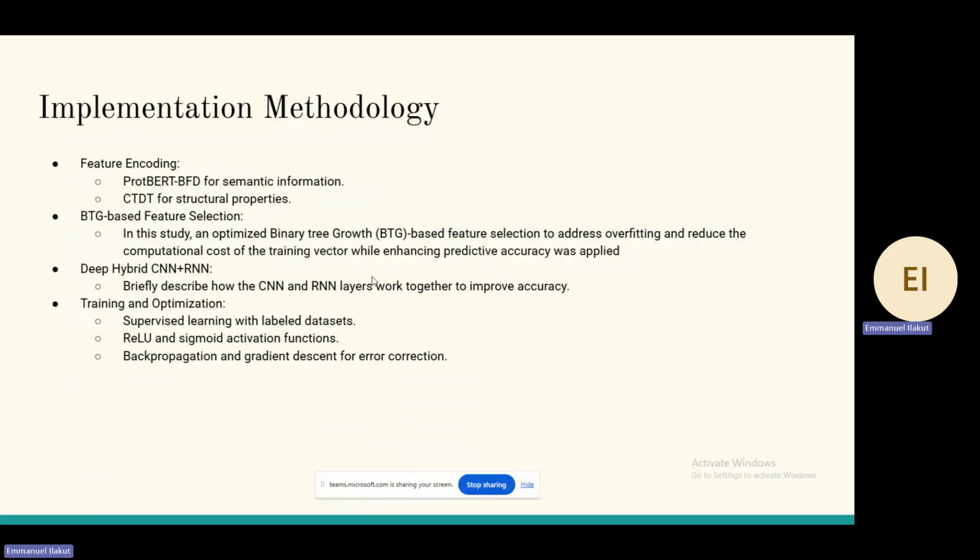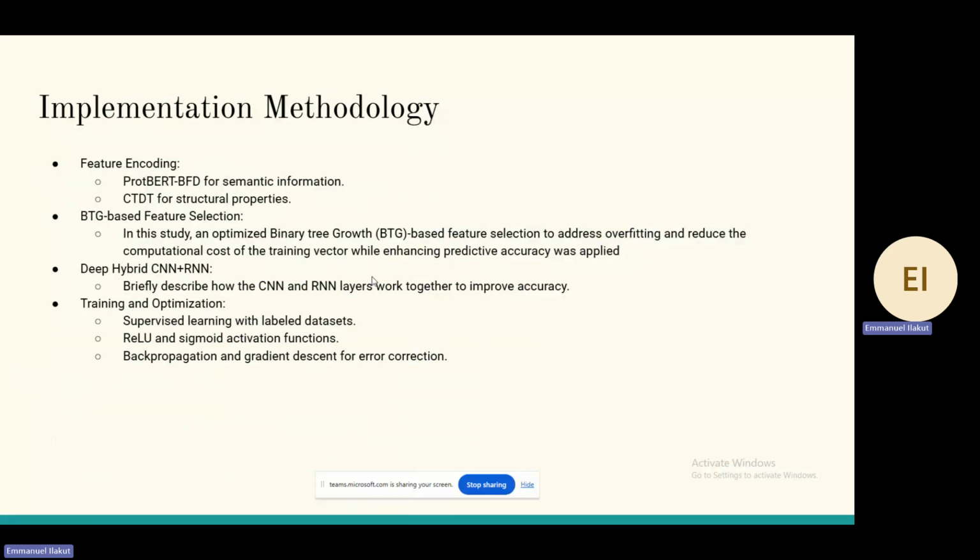Next, the binary tree growth algorithm was used for feature selection in order to optimize the feature set. This algorithm grows a binary tree by selecting features that maximize the information gain. Like I'd already said, we go with the branch that is more informative about our target, what we are trying to do. And then the selected features are processed by the deep hybrid CNN and RNN.